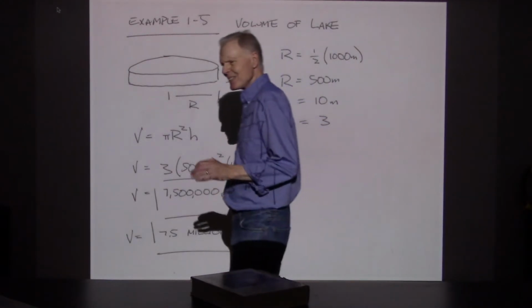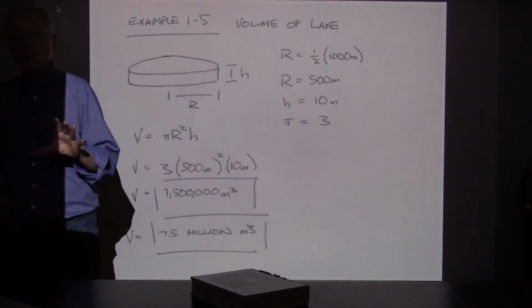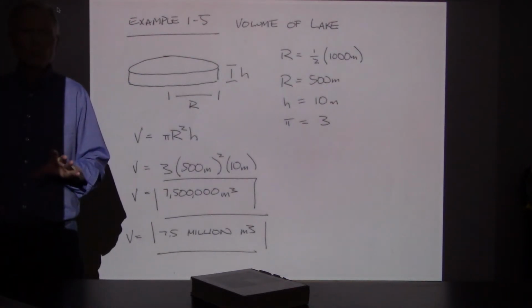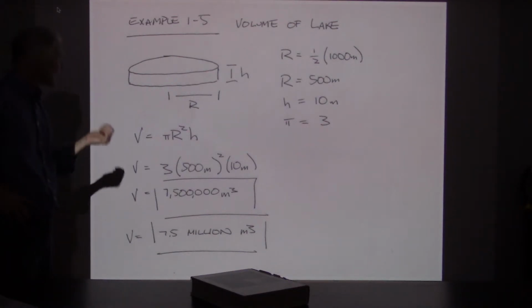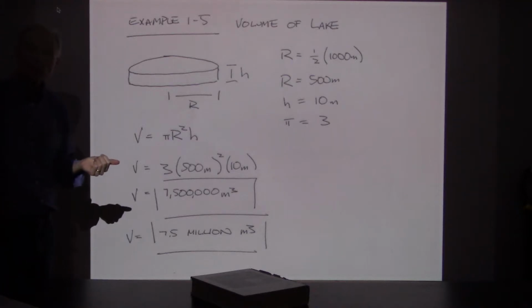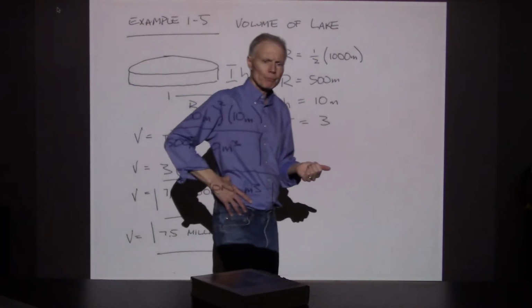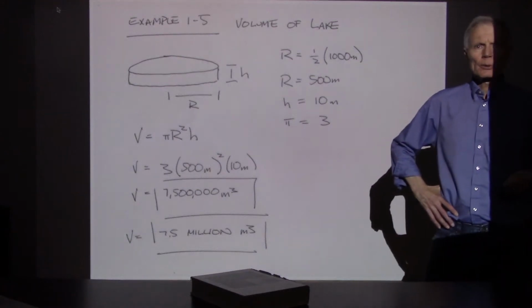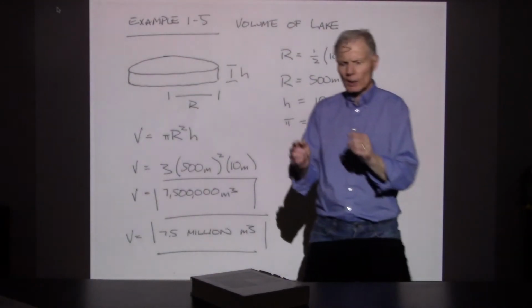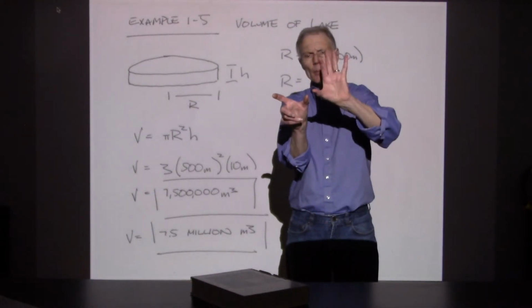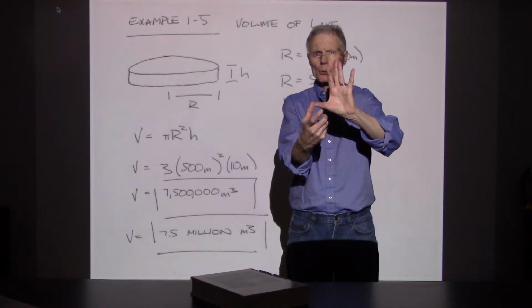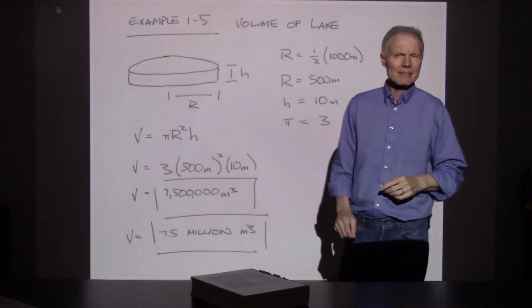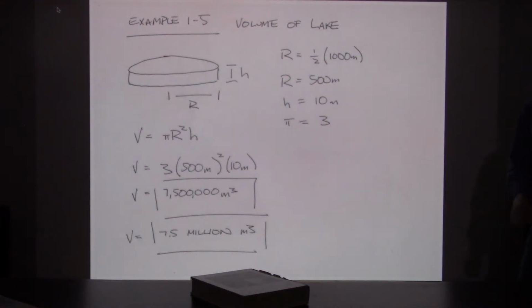So let's see, there was that liter we talked about. We said that 1 liter of water would have a mass of a kilogram. How many liters are there in a cubic meter? So a liter is 1,000 cubic centimeters. So a liter would be 10 centimeters by 10 centimeters by 10 centimeters. That would be a much smaller cube. 10 by 10 by 10 would be a liter, and that would be a kilogram.